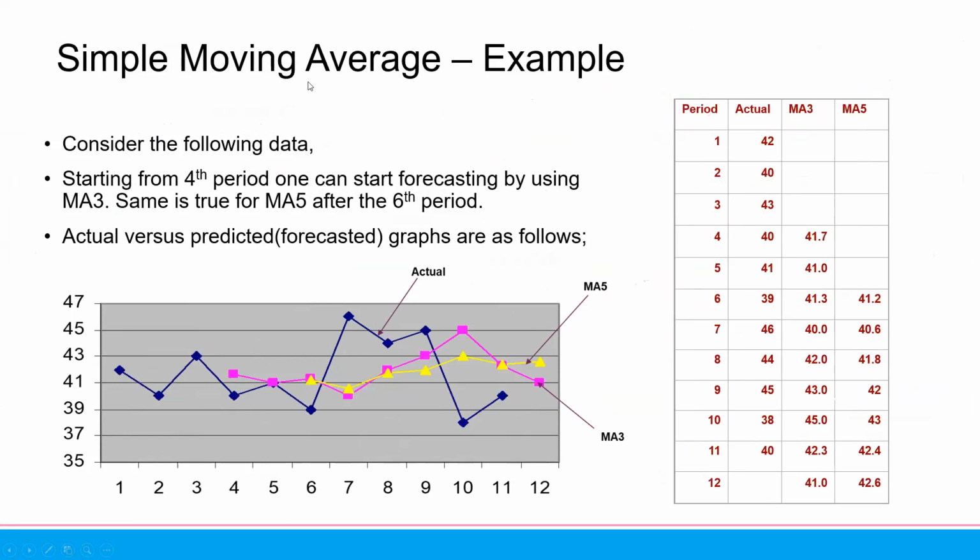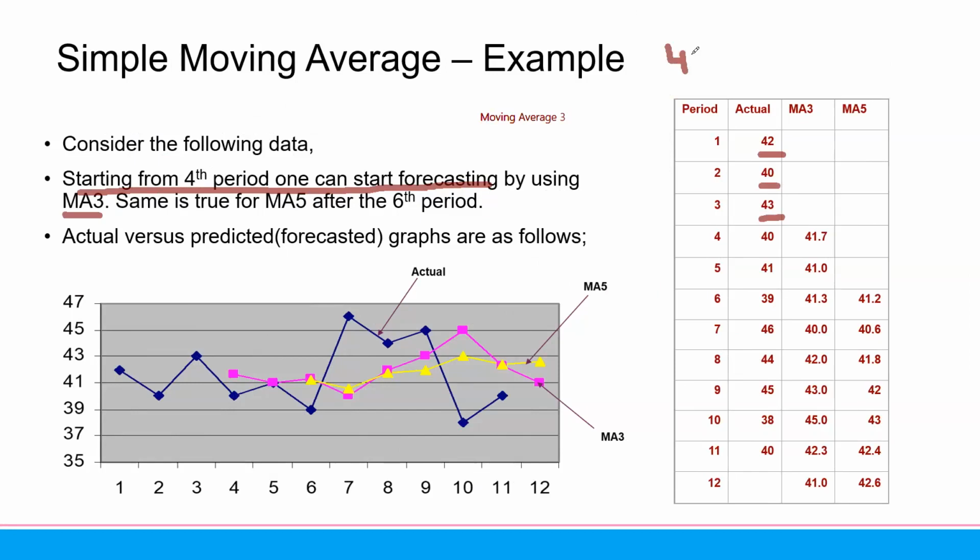Now, I'm using this moving average to forecast. Starting from the 4th period, one can start forecasting by using MA3. What is MA3? We call it the moving average with 3 periods. It means I would like to have period 1, period 2, period 3.